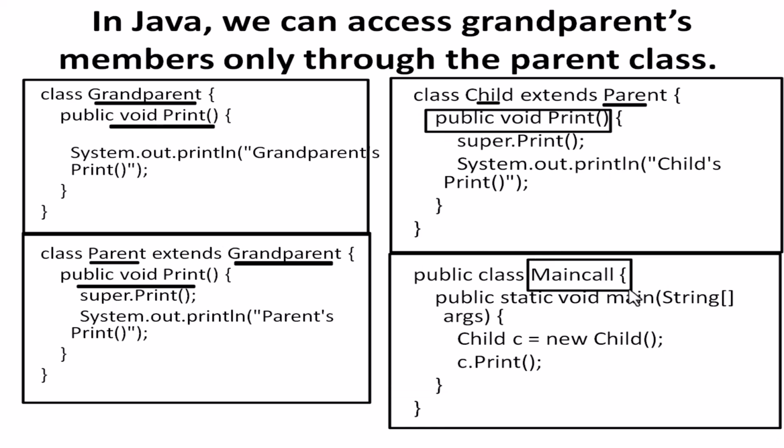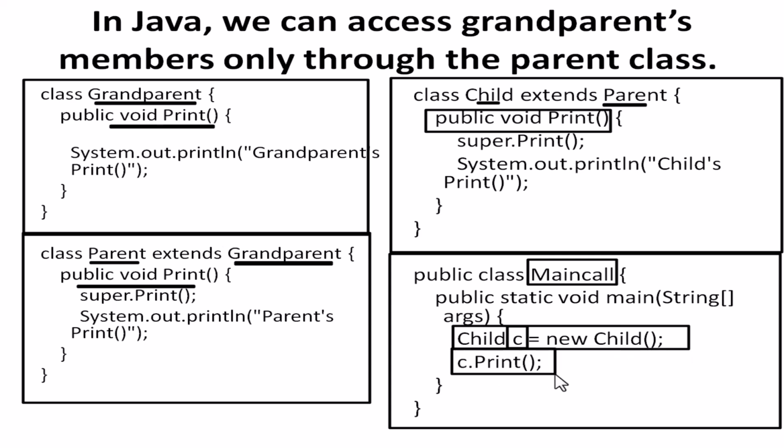So we are creating a child object. The object name is c. By using this c, we are going to call print. We have created a child class object, so it is going to invoke this particular method. Now whenever it comes inside, it is going to call super.print.